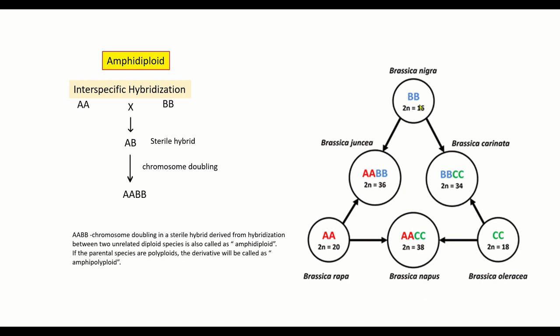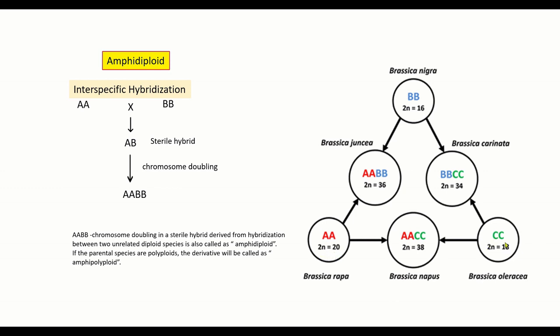You can see here a triangle called the Nagaharu U triangle or Brassica U triangle. In this triangle, every vertex represents the parental genome, the parental origins. So these are AA, where the diploid chromosome number is 2n equal to 20, and n is equal to 10.